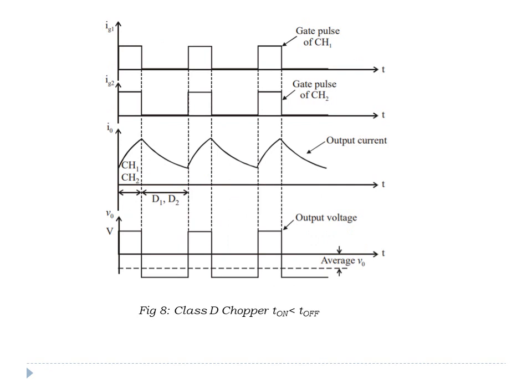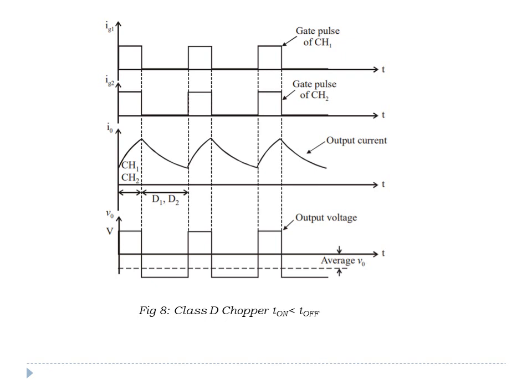When T on is less than T off, the case will be reversed. Now the average output voltage is more in the negative half cycle. It remains negative for the larger time duration. So the output average voltage is negative when T on is less than T off.